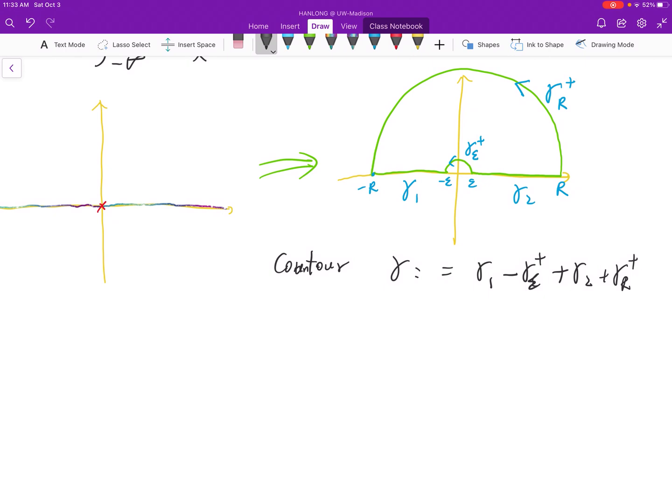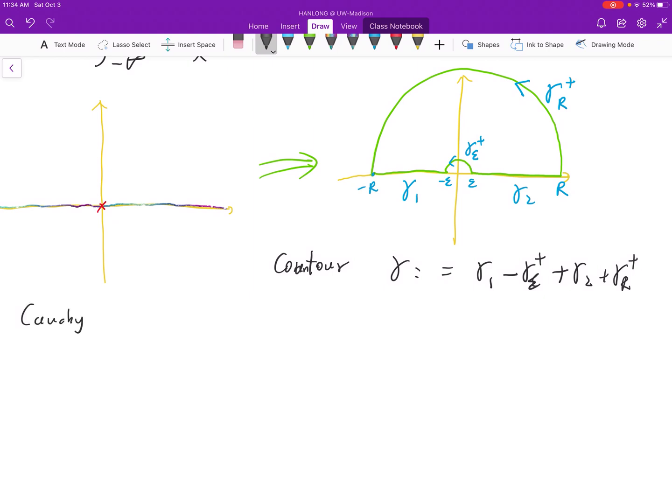Okay, now let's write down the rest. We will apply the residue theorem and then write down the integral in certain parametrizations.